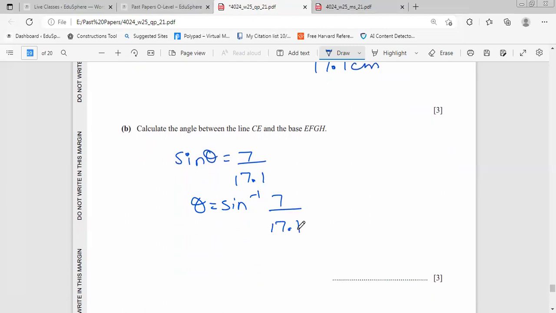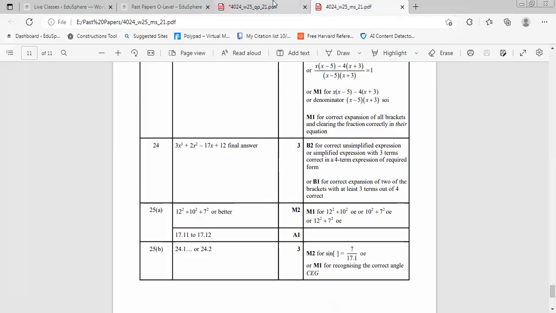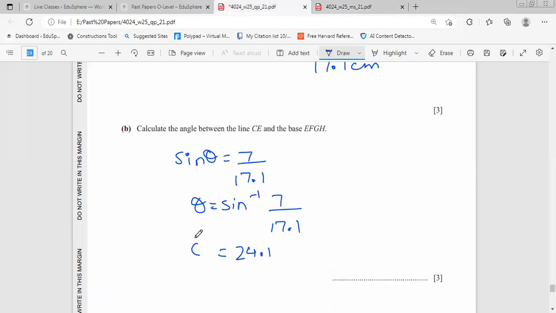So I'm going to take the shift sine, sine inverse of 7 divided by 17.1. So the final answer is, let me see, it's 24.1. So let me confirm the answer as well. It's 24.1. Yes, I got 24.1.